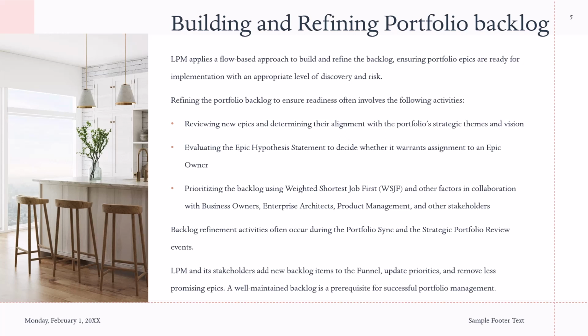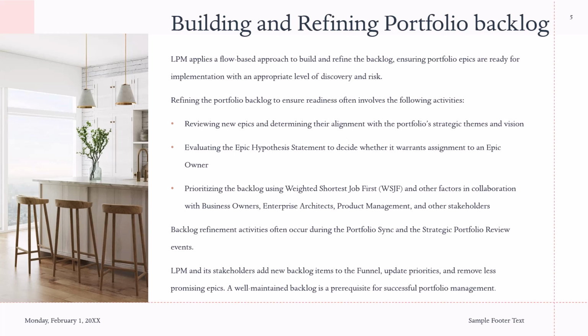And also prioritizing the backlog using WSJF and other factors of collaboration. So there's some level of cross-functional collaboration with business owners, enterprise architects, product management, and other stakeholders here. We might need some project management, and we might need some external stakeholders that will help us implement some of this.